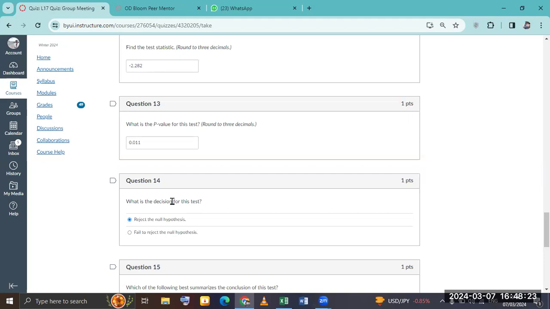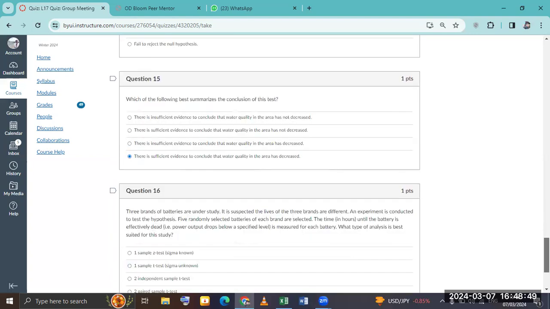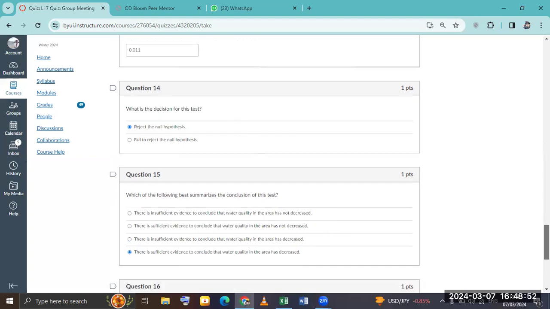Oh, all right. So now question 14. Do we reject or do we fail to reject? We reject in this case because the p-value is smaller than the alpha. The alpha is 0.05, and this one is 0.011. So we're rejecting the null. Yes, we are rejecting for question 14. And then question 15, which of the following best summarizes the conclusion of this test?